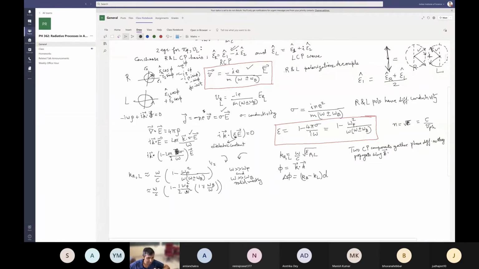So you see, omega p squared by omega squared is just the dispersion measure. So K_R minus K_L is equal to what? It's omega by C. The dispersion measure is equal in the two polarizations, so this term will cancel. So this is equal to omega by C times omega p squared omega b by omega cubed.